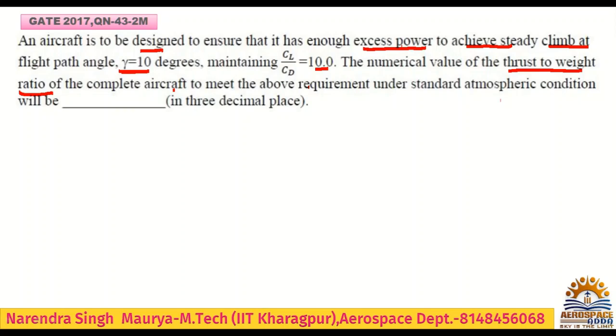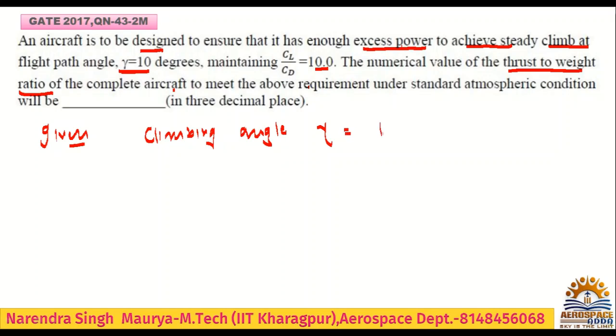So you just write this data. What are the given values? Climbing angle gamma is given as how much? 10 degrees.